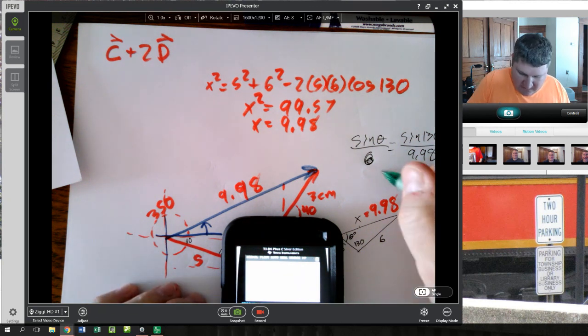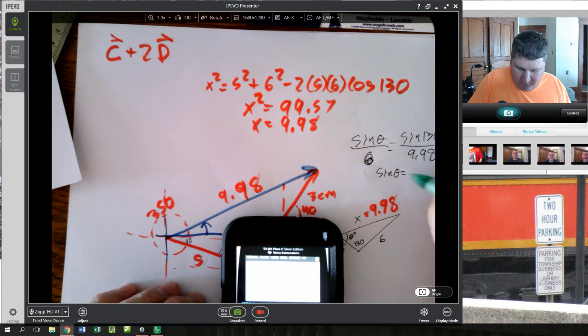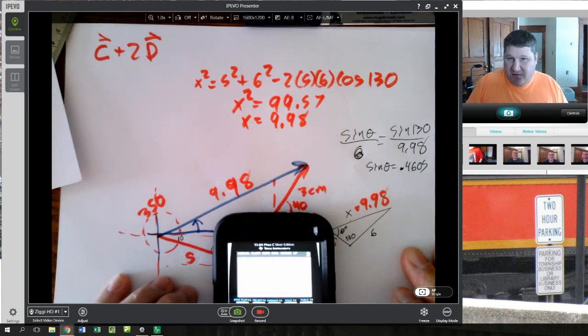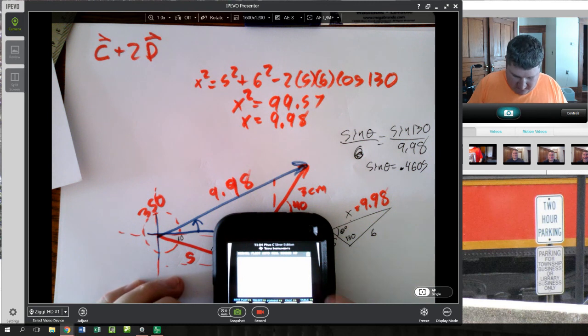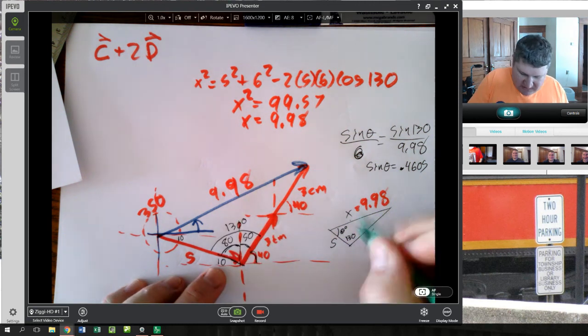Again, don't forget that that's sine of theta equals 0.4605. And when I do that, second sine, second answer, I get 27 degrees.